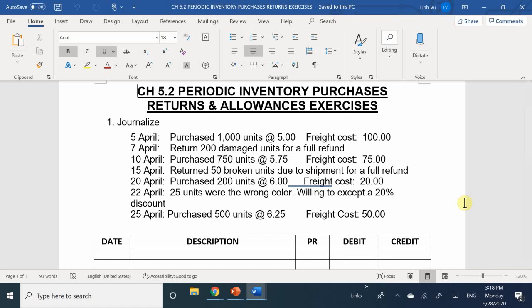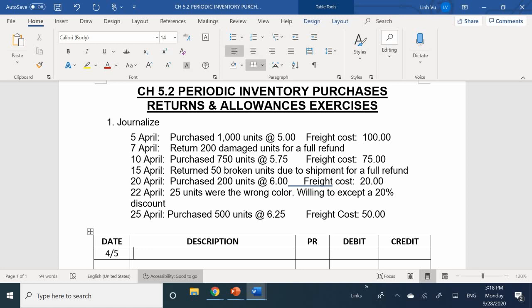Okay. So we're going to assume all of these are also on an account. So we can properly return or give us allowances in the correct manner. So in this case, what happened on April 5th? Okay, April 5th, purchased 1,000 units at $5.